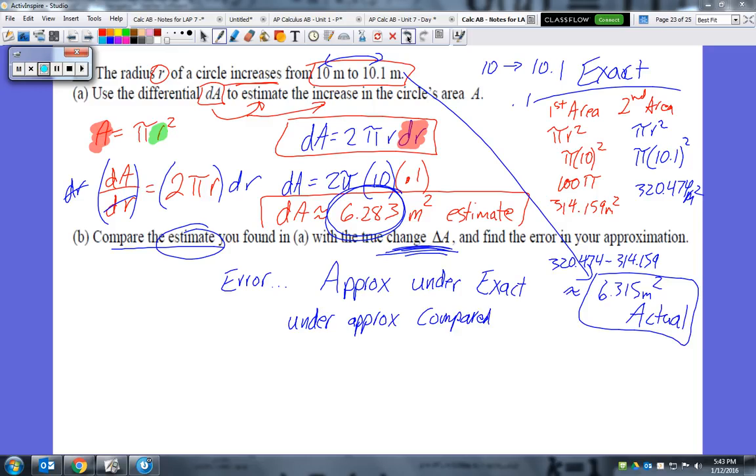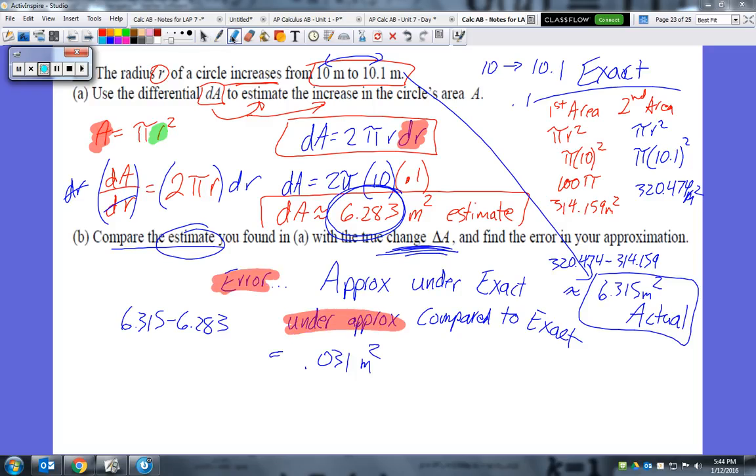We would simply find it by 6.315 minus 6.283, and we get the under approximation by that. So we could say the error is an under approximation compared to the exact.